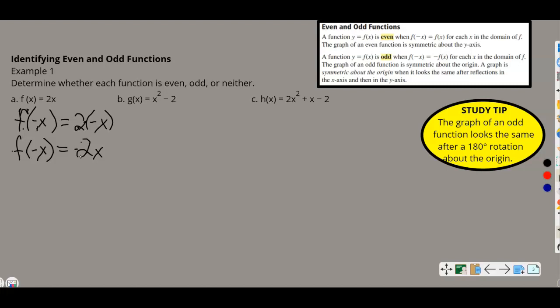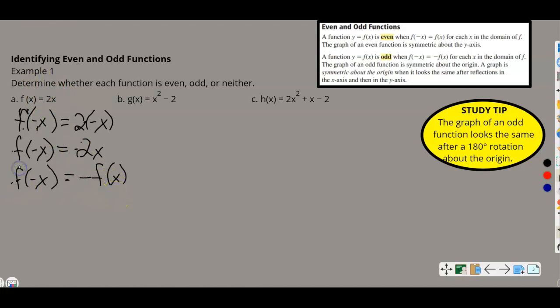So you can see that f of negative x equals negative 2x. And what does that mean? That means if I take f of x and I times it by negative 1, that's what that is. So I'm going to have f of negative x equals negative f of x. See, f of x is 2x. This is negative 2x. So if I have negative times f of x, that is this.